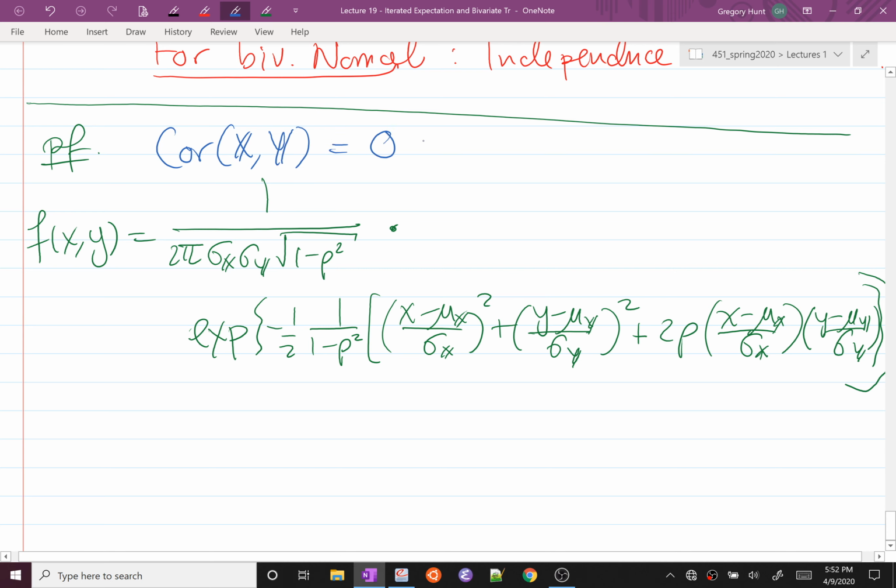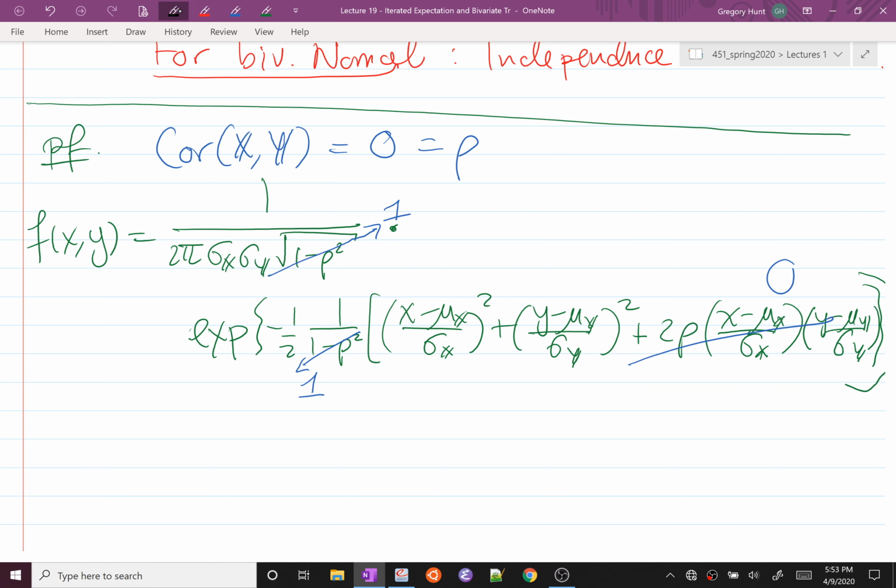And if we believe one of the facts above, rho in our parameterization is the correlation. So rho is 0. That's going to help a lot. This thing turns into a 1. This thing turns into a 1. This thing goes to 0.